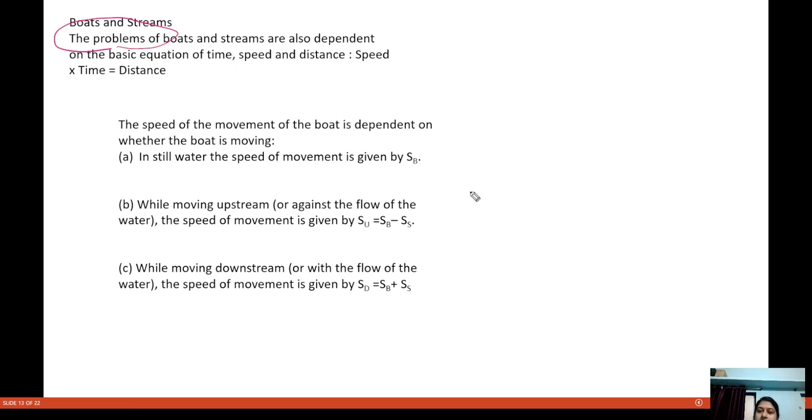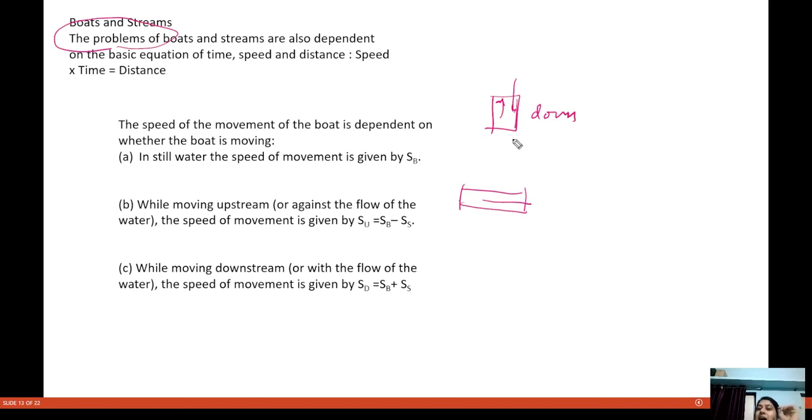See what is happening whenever you are having a boat. When the boat is traveling upstream, it is traveling against the current, because the current is downstream. When the current is opposing the flow of the boat, the speed of the stream will not assist the speed of the boat.